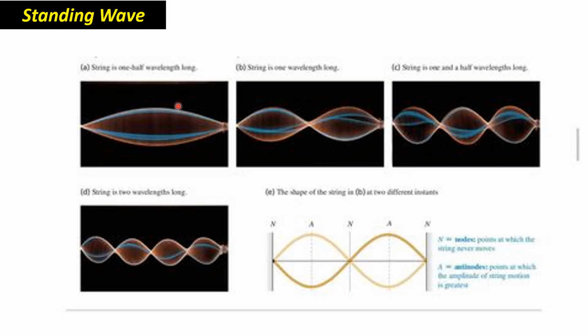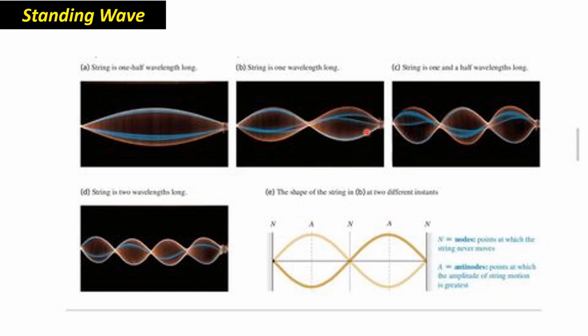So these four patterns show you the possible wave patterns in a given standing wave. In the first one, the length of the string is equivalent to 1/2 wavelength. The second pattern shows a string whose length is exactly equal to 1 wavelength.